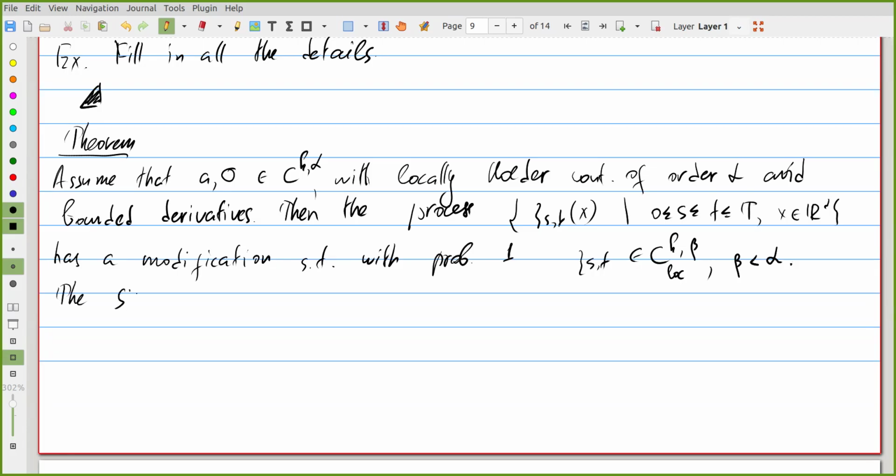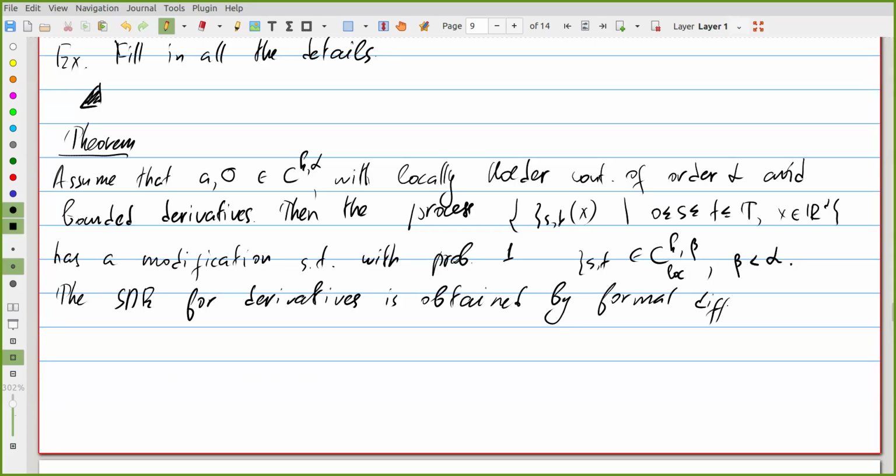And the SDE for derivatives is obtained by formal differentiation of the original SDE.